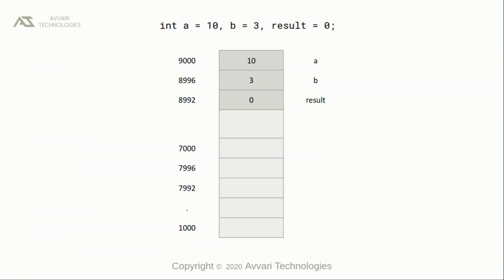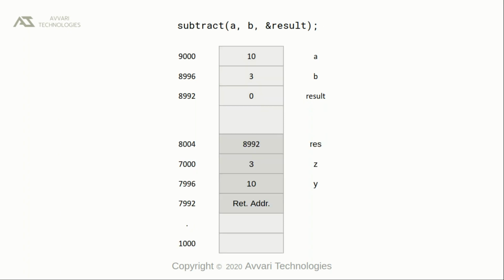What exactly is happening is, first we defined three variables, a, b and result. Then we are passing three arguments in function subtract. First one is a, second is b, and we are passing the address of result, that is 8992 for instance.